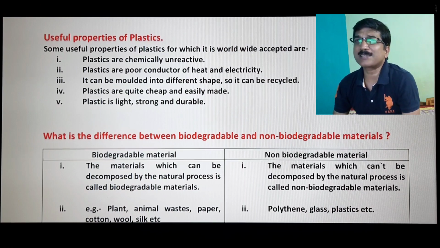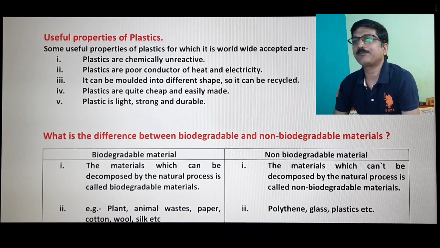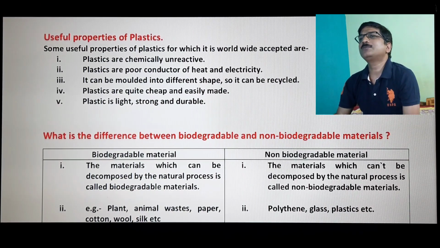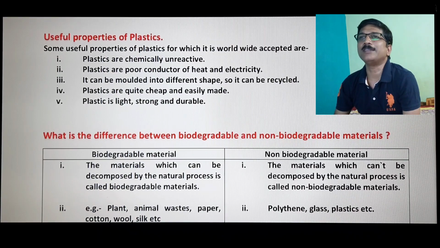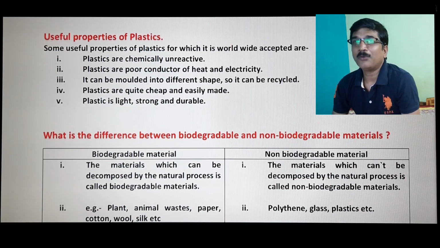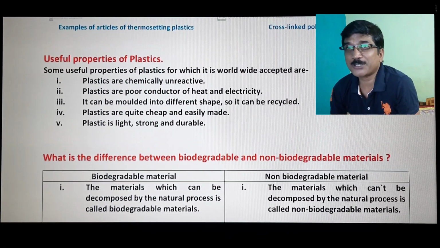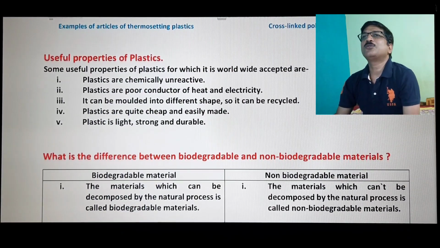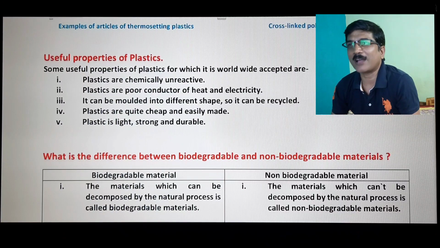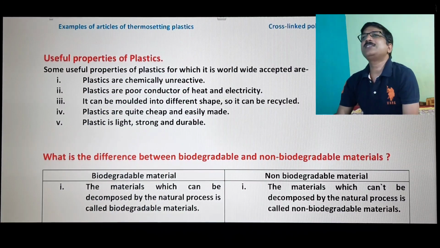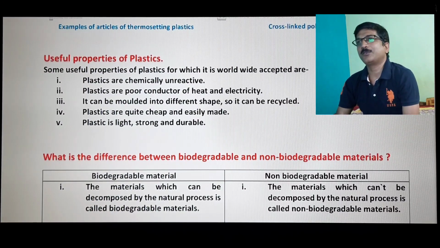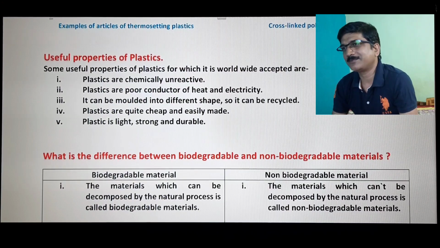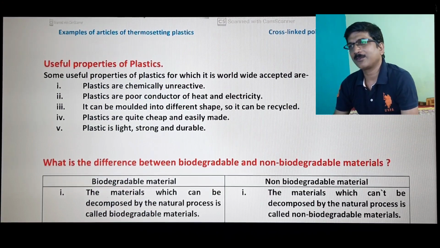Most important point is that it is very lightweight, strong, and durable in nature. For all these five important properties, the plastic which we are using in our daily life is widely accepted worldwide. Clear? Okay.